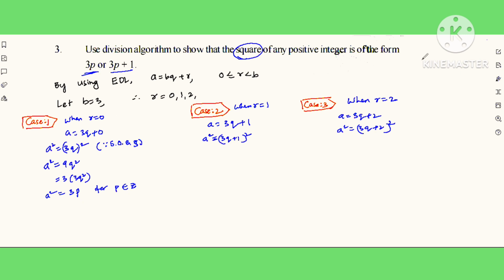Here we have to use the a plus b whole square expansion. What is a plus b whole square? a square plus b square plus 2ab, or you can write a square plus 2ab plus b square as you wish. Here I use a square plus 2ab plus b square.